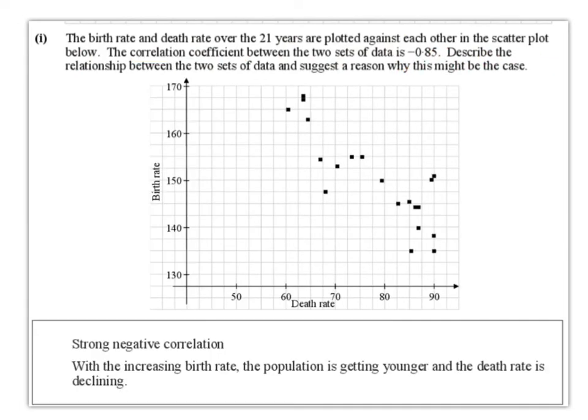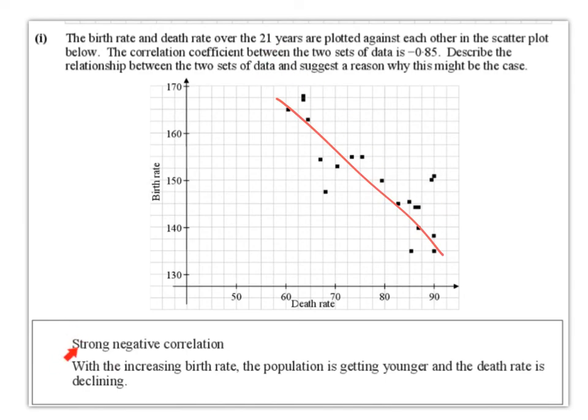So the relationship is there is strong negative correlation. So there's strong correlation because this number, minus 0.85, is quite close to -1. And we can also see that these dots are quite close to a line. We could draw in a line of best fit. And we can see that those dots are all quite close to that line of best fit.